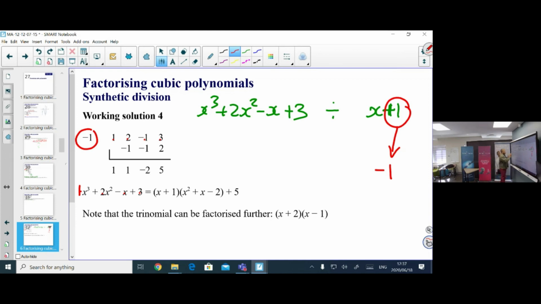For the one that is dividing, you just take the minus 1. So if this was x plus 2, you would take minus 2. If this was x minus 3, you would take plus 3 to multiply with. So you always take the converse of that in terms of the negative or positive.